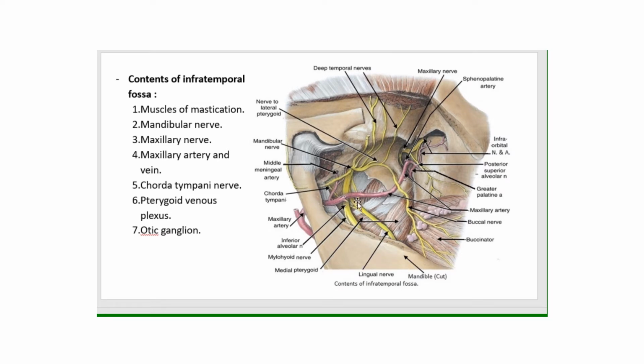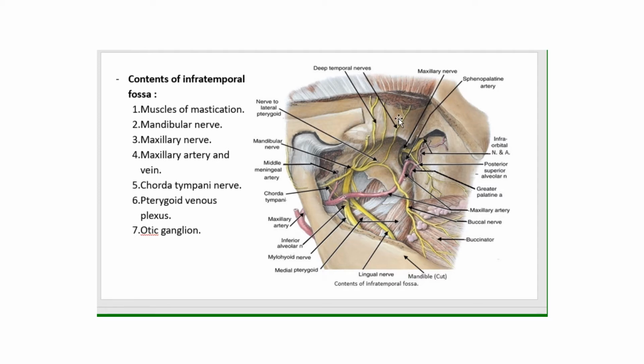To see the contents of the infratemporal fossa, the ramus of the mandible is cut to see its contents, and also the zygomatic arch is cut to show the space communicating it with the temporal fossa. These are the temporal nerves.